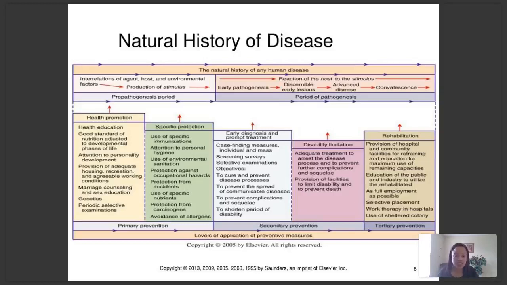Good standard of nutrition is listed here. Developmental phases of life. So how do we adjust our nutrition as we grow, okay, get older? So that's some of the things that you can do as a community health nurse to help prevent in that pre-pathogenesis period, okay? You also have protective measures that you can help employ. So things such as specific immunizations is going to be a big area right there. Just attention to hygiene, specific nutrients that you're going to incorporate, protection from carcinogens.